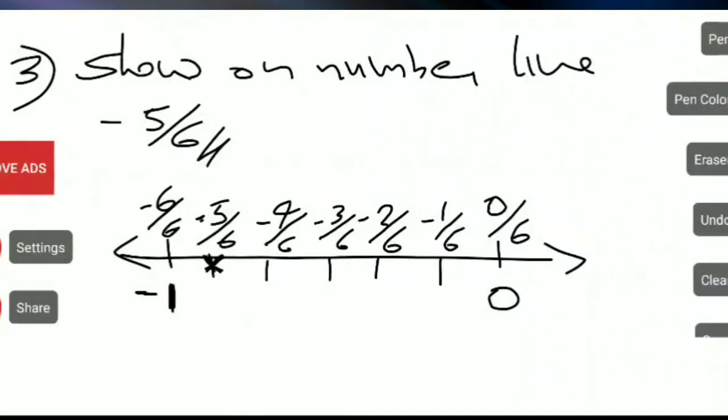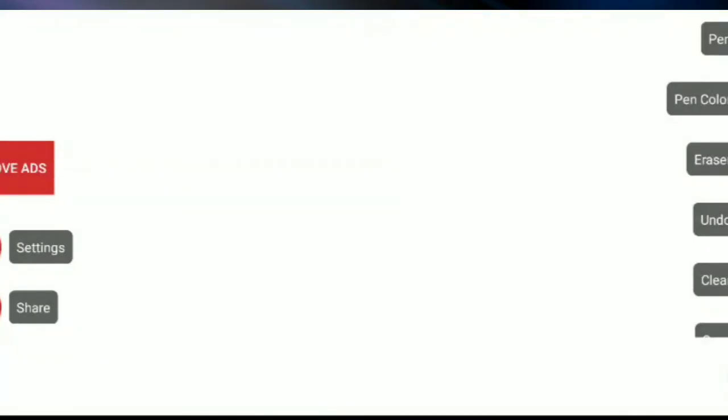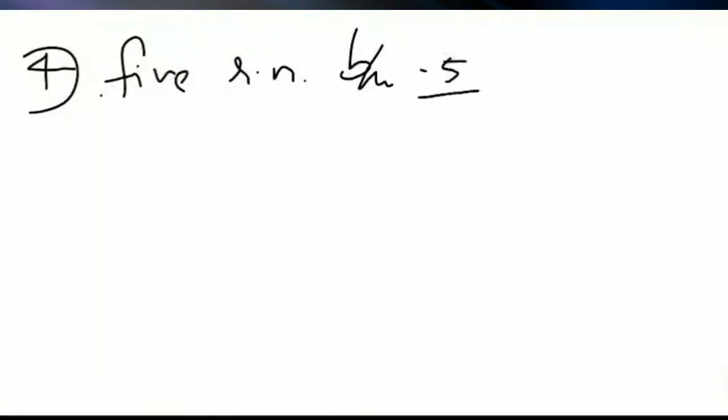Now the fourth and final question is: write any 5 rational numbers between −5/6 and −7/9.